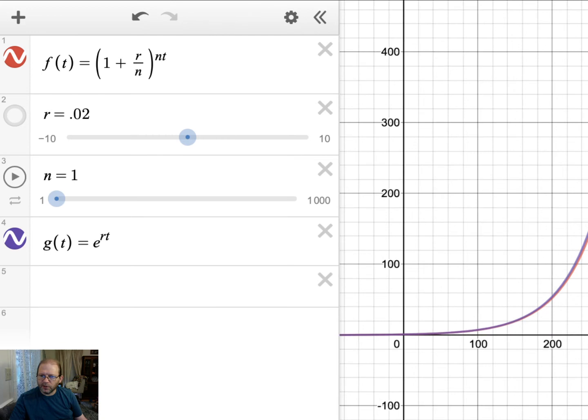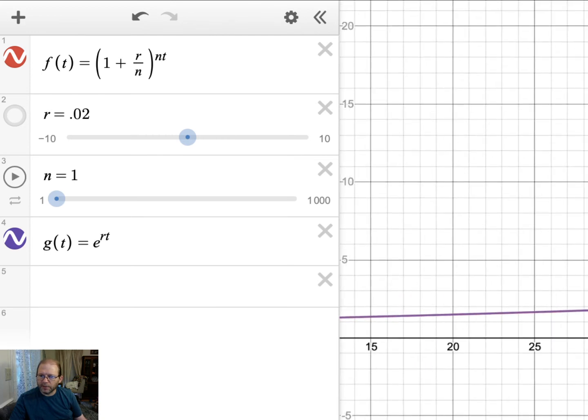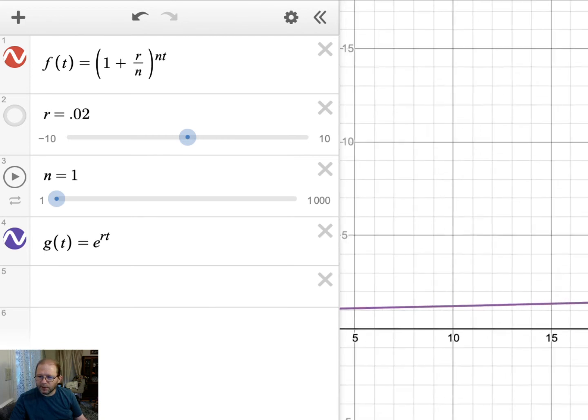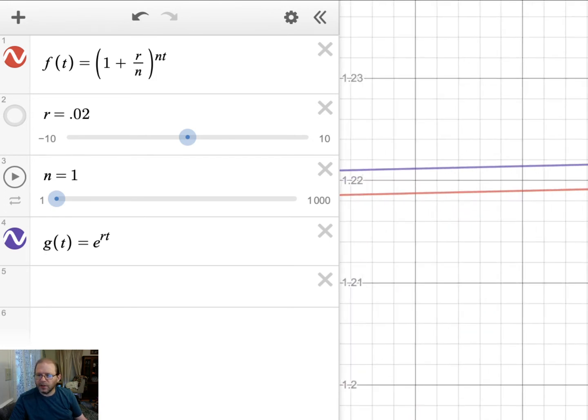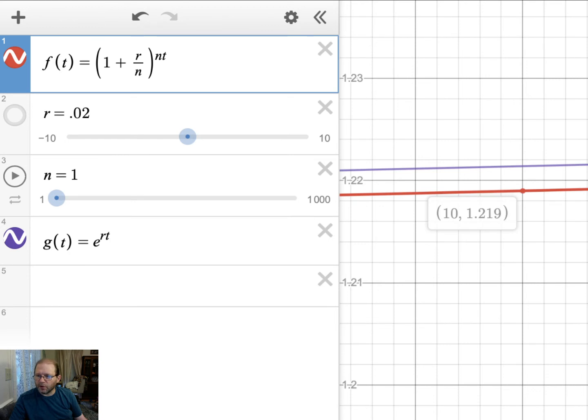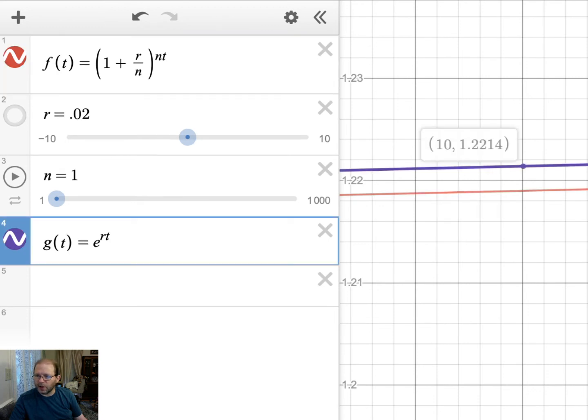So let's zoom in to the graph down here. Let's look at 10 years. This is the difference: $1.21 here and $1.22 there for the continuous.